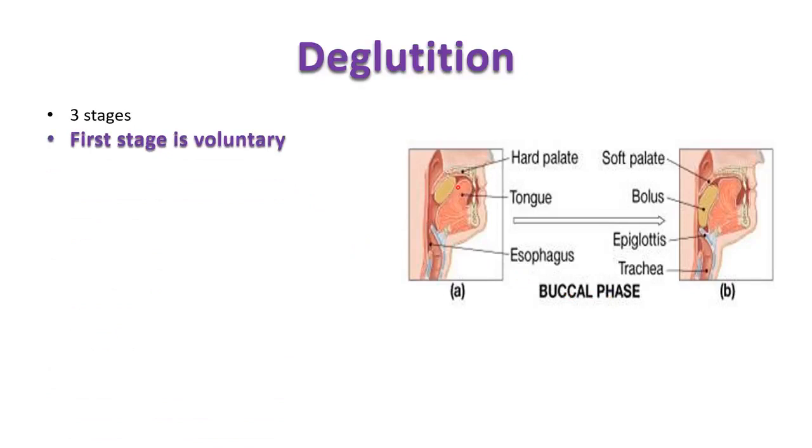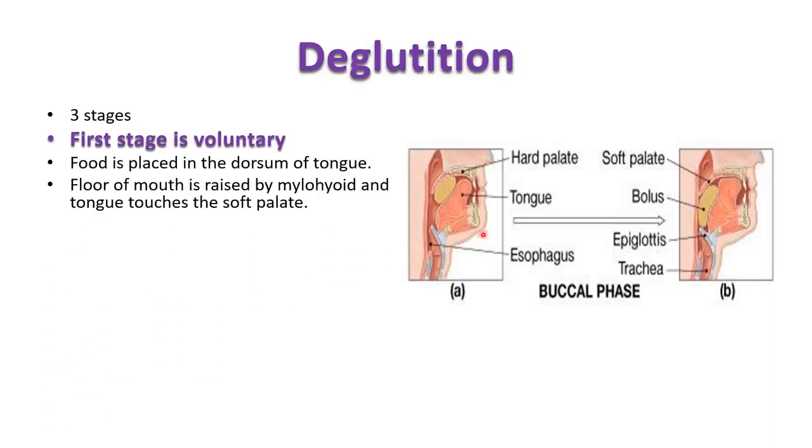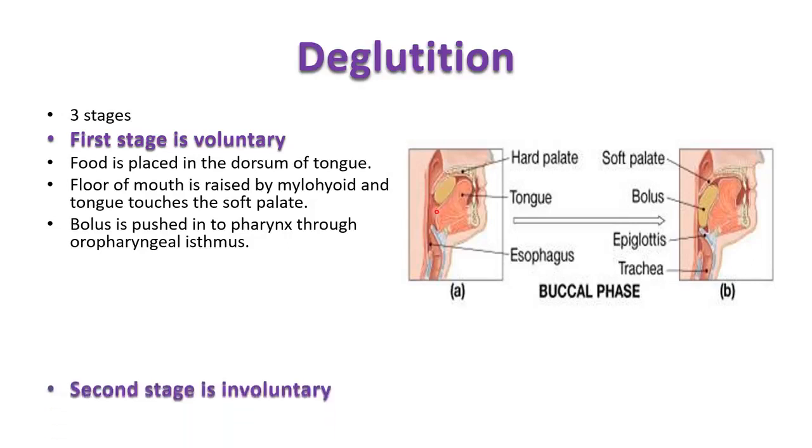The longitudinal muscle accommodates the food so that the tongue is made concave, and it is opposed to the soft palate by the contraction of the mylohyoid muscle. The floor of the mouth is raised by the mylohyoid muscle, so the tongue touches the soft palate. Because of that, the food is pushed into the pharynx through the oropharyngeal isthmus.